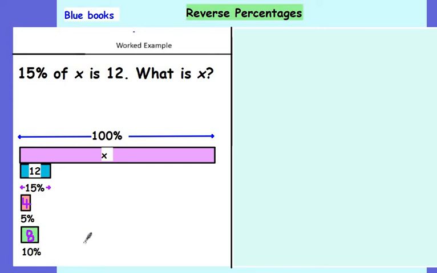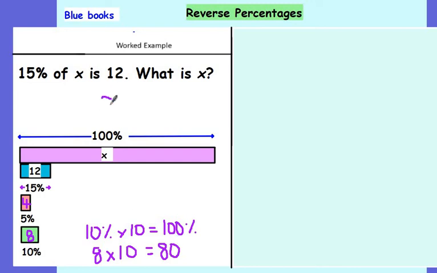And we know that if we multiply 10% by 10, we can get 100%. So if I know that 10% is 8, 8 times 10 tells me my original number is 80.